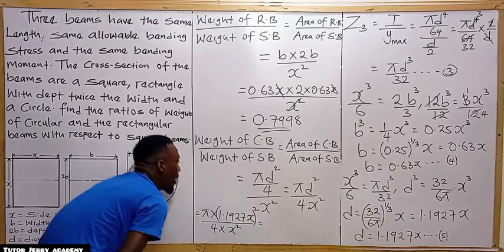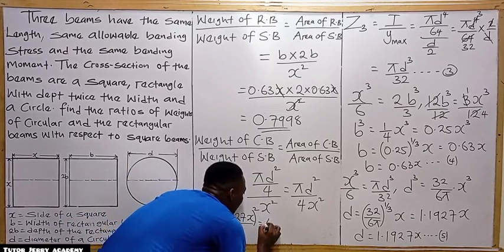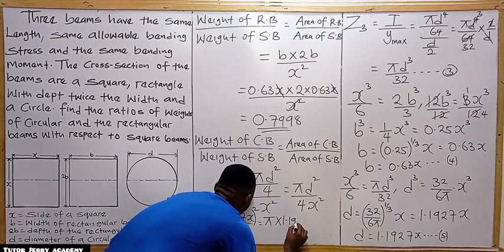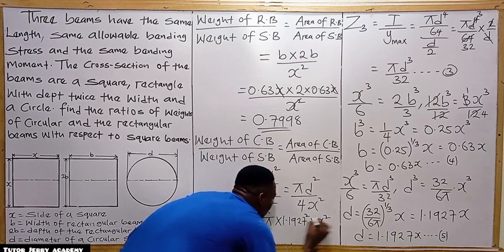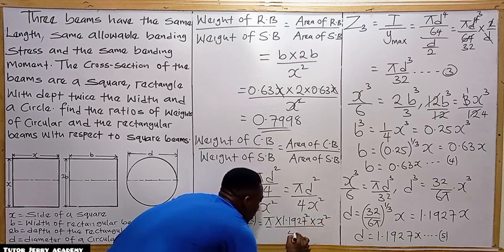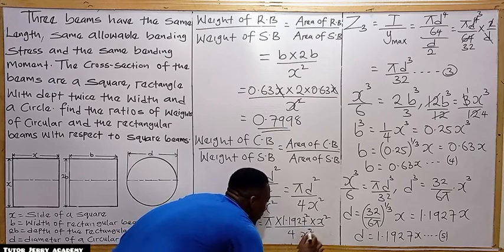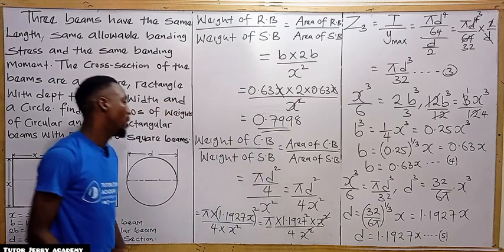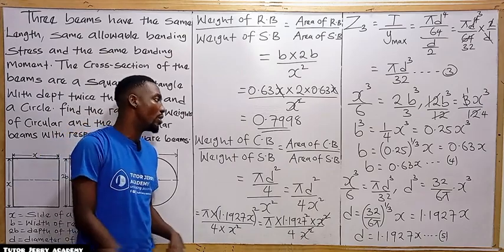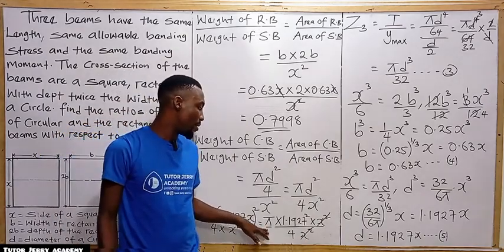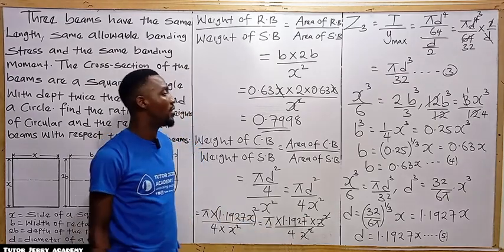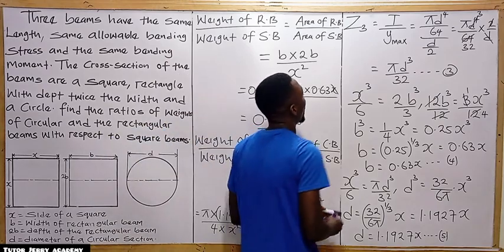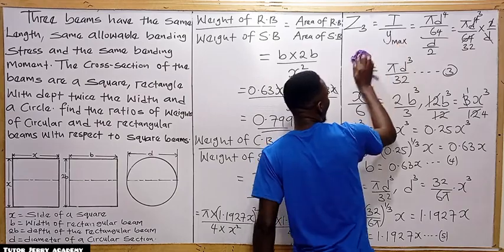If you open the bracket, we are going to have pi multiplied by 1.1927 squared multiplied by s squared divided by 4s squared. So this s squared will go with this s squared. So you'll be left with pi multiplied by 1.1927 squared divided by 4. And if you press that, your final answer is going to be 1.1172.